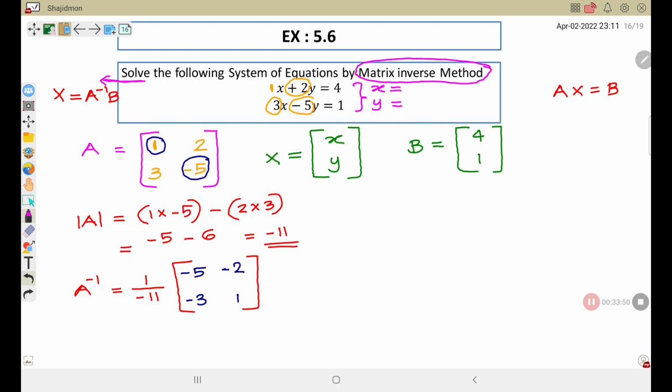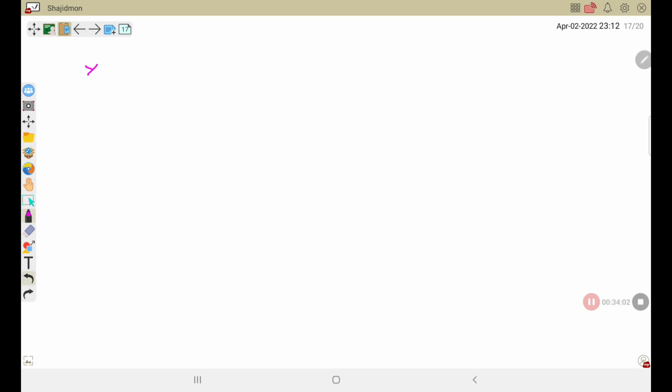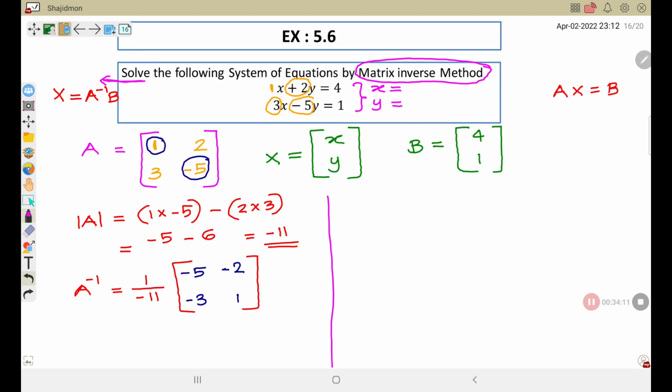Now we need to calculate the solution. X equal to A inverse multiply B. Okay, so I will continue. First we start with X equal to A inverse multiply B. Just write what is the A inverse matrix.